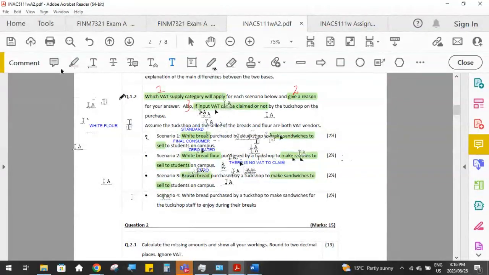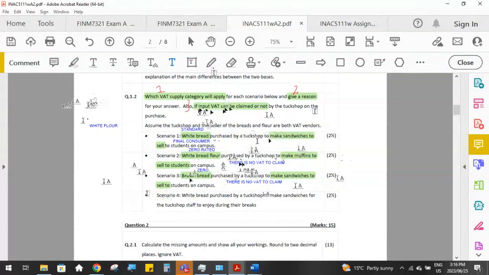And again, because it's zero rated, even though they would have been allowed to claim VAT if it was not a zero rated item, because they're using the bread to make a sandwich they are then going to sell to their customers, there is no VAT to claim. So therefore the answer is no, VAT cannot be claimed.